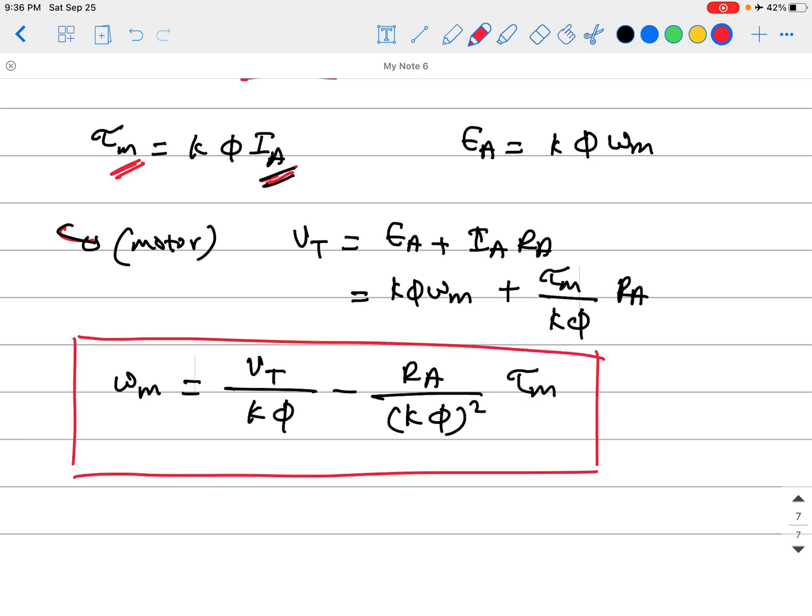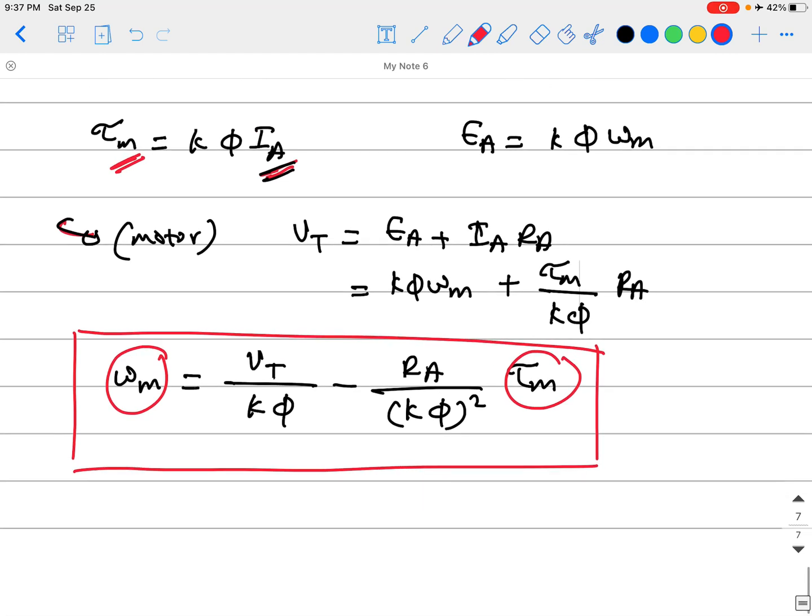And that is what we call the torque speed characteristics, because that's an equation that relates the torque and the speed, omega m. Okay guys, that is the torque speed characteristics. And that equation is just for the separately excited or shunt connection.